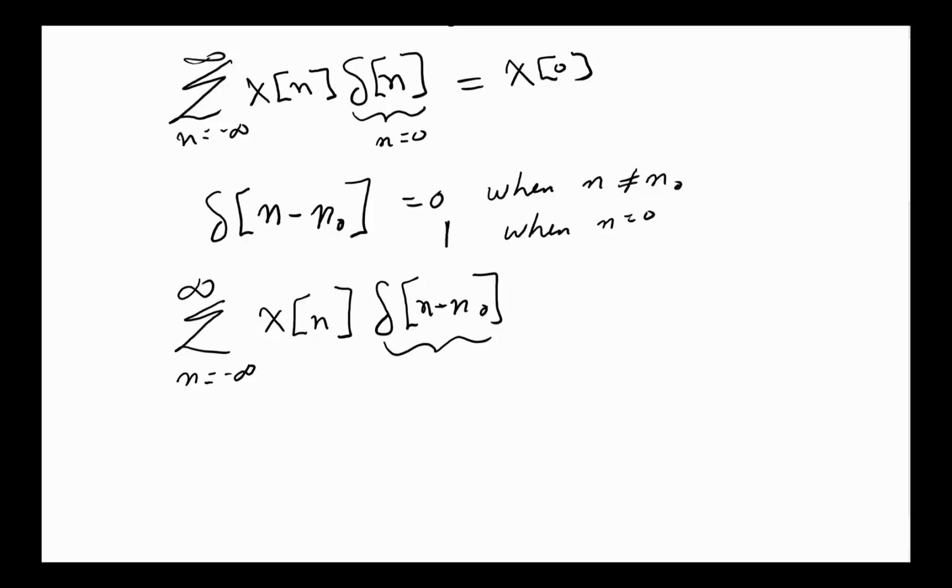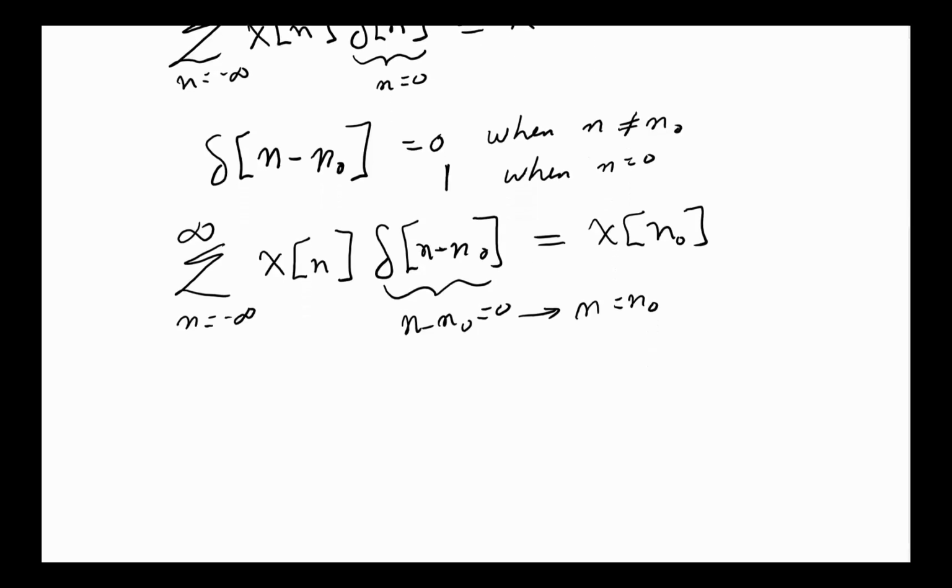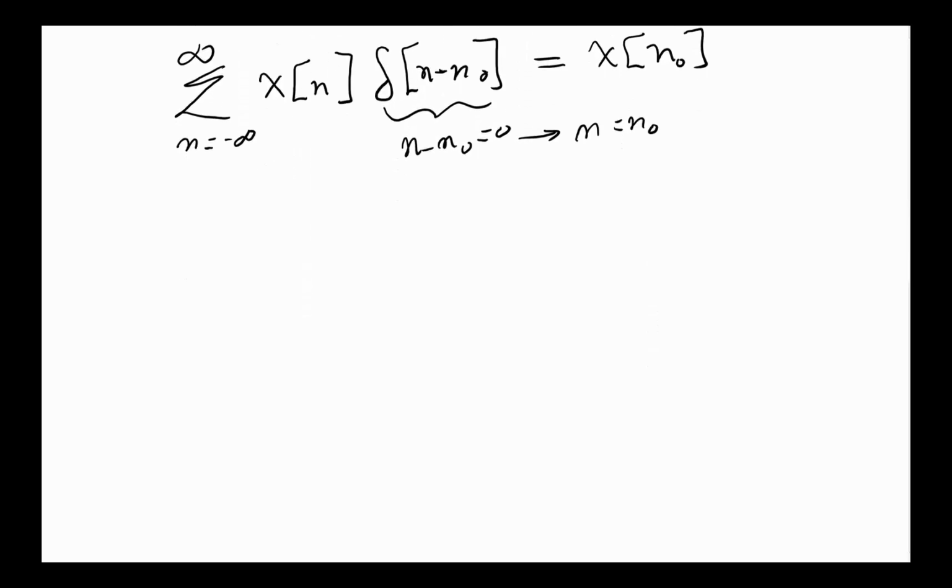We know this is 1 only in one place, and that one place is when n minus n0 is equal to 0, or in other words, where n is equal to n0. So that allows us to say this whole function is basically x of n0.